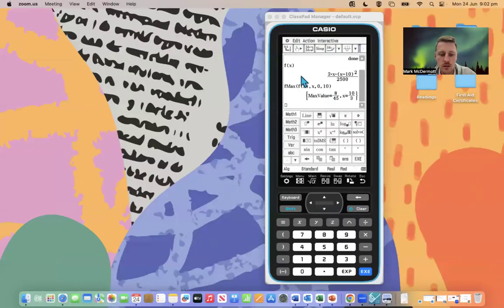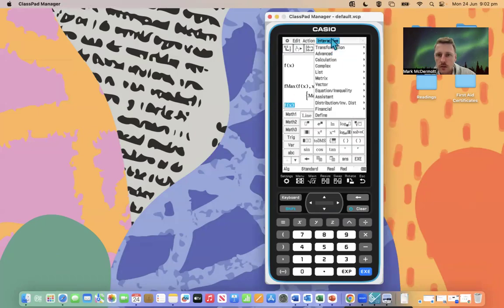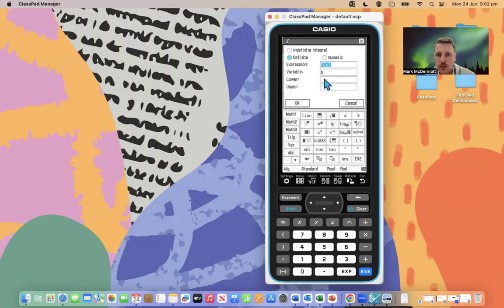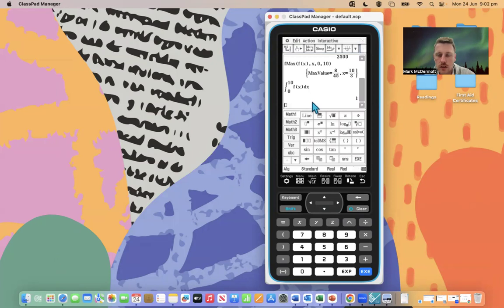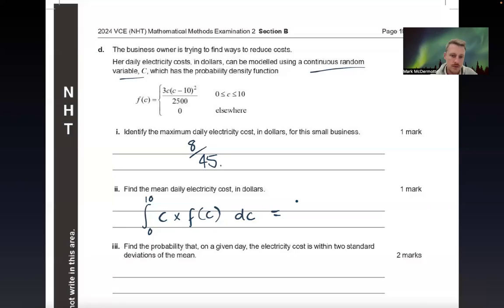I'm going to take f of x, interactive, calculation, integral, definite from 0 to 10, and I'm going to multiply by x. The answer is 4.